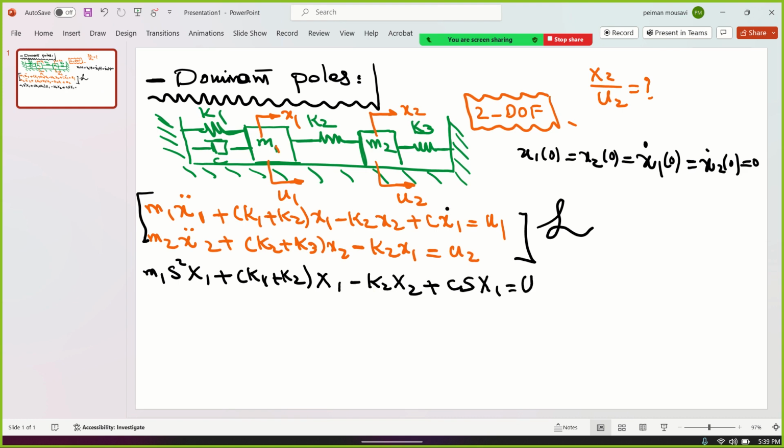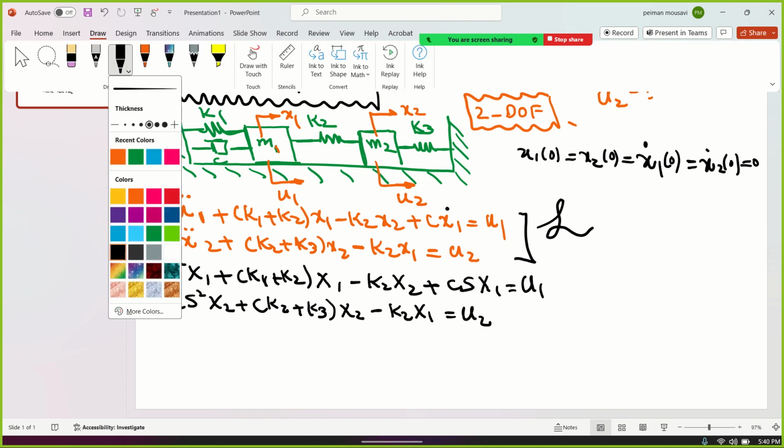X1 is U1. From the second line, M2 S squared X2 plus K2 plus K3 X2 minus K2 X1 equals U2. For simplicity and for teaching purposes, let me tell you that I have only one control input in the system.